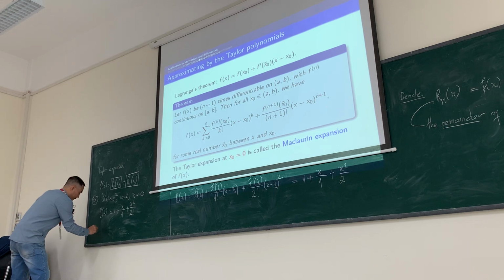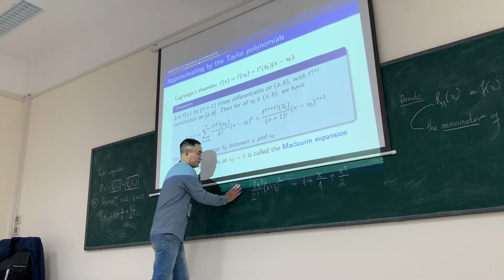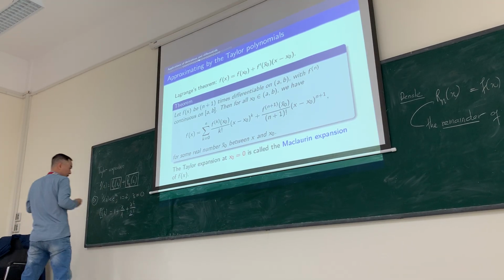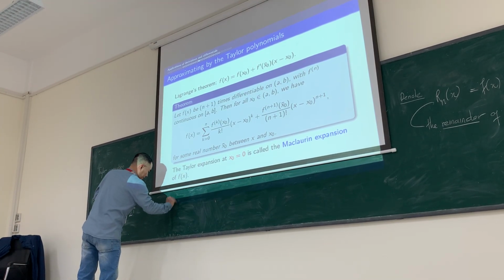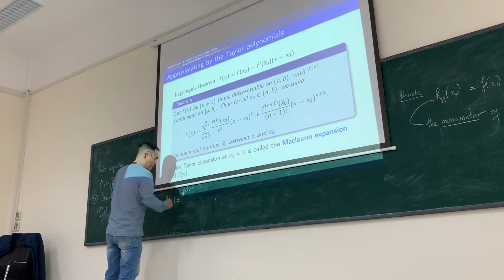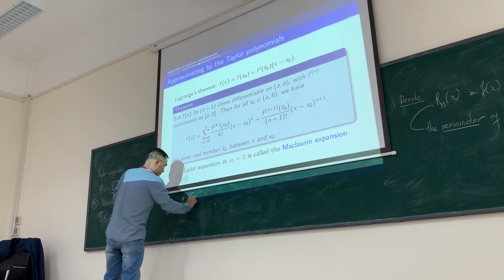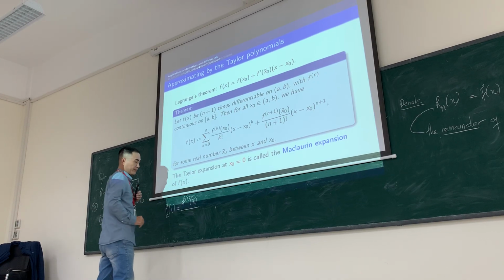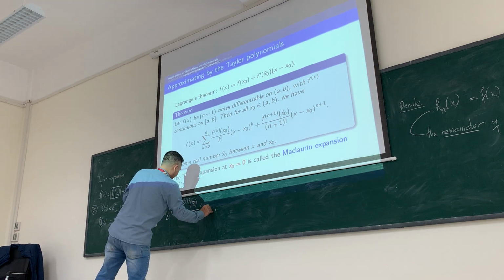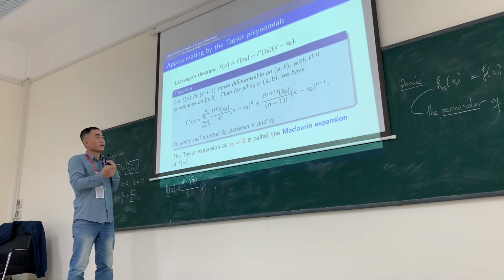To continue, we want to estimate the remainder. R2(x) is equal to f triple prime of c at x0 over 3 factorial times (x minus x0) cubed, and with x0 being 0 it is x cubed.